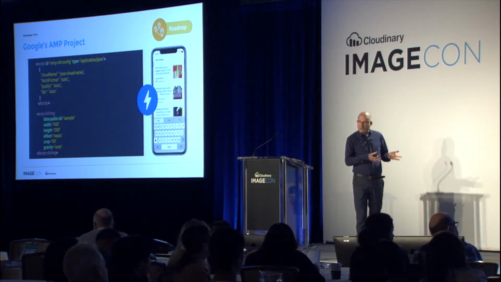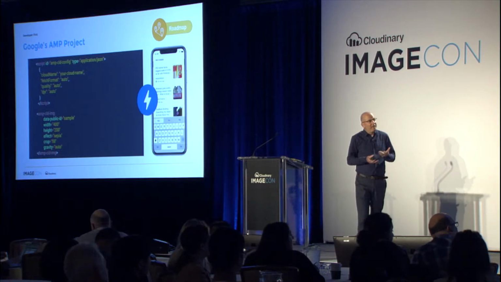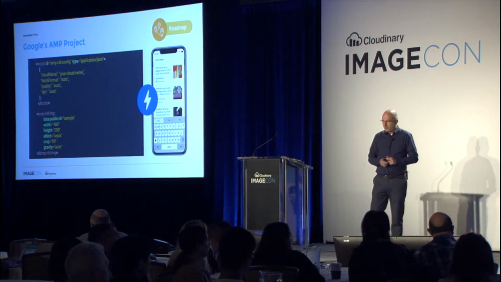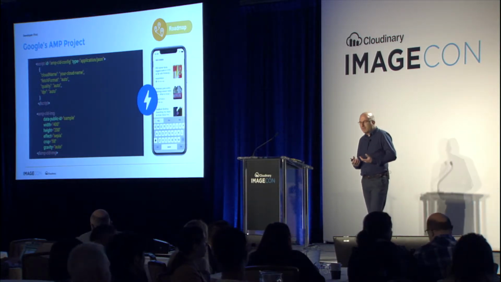It does put restrictions on the way you have to write these pages, but we see no reason why you shouldn't be able to enjoy Cloudinary's optimized delivery and manipulation capabilities when you use AMP. We just submitted a proposal for a new extension for AMP for you to be able to do that, and obviously we hope that will help you get the highest ranking on Google search.